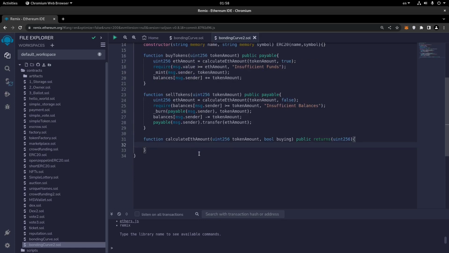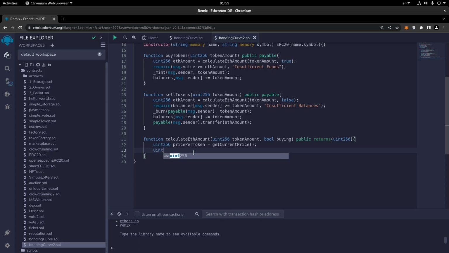Anyway, so function calculate ETH amount. We'll get the uint256 price per token, which will be equal to the get current price function. It will have no input for this function. It will automatically calculate the ETH amount, the current price actually.